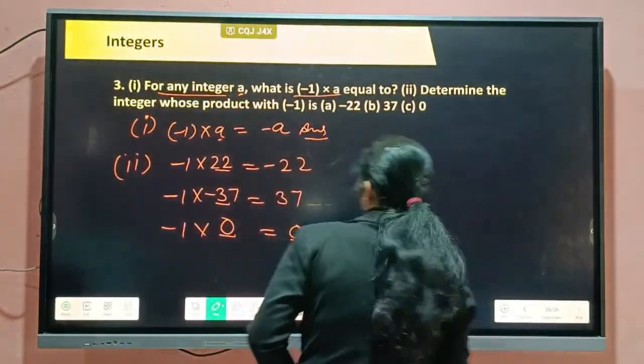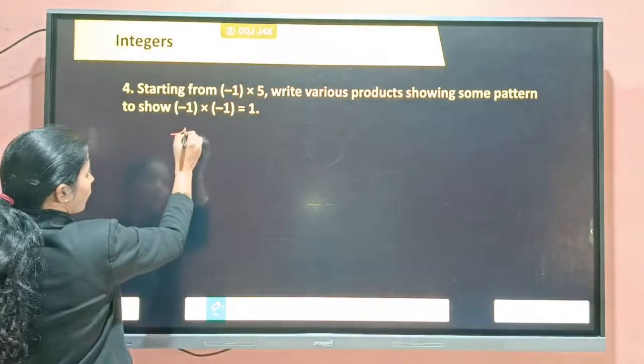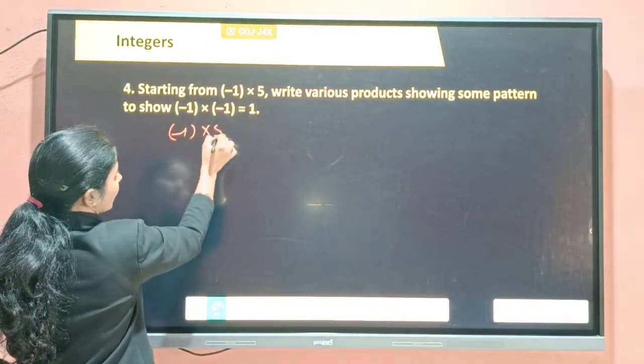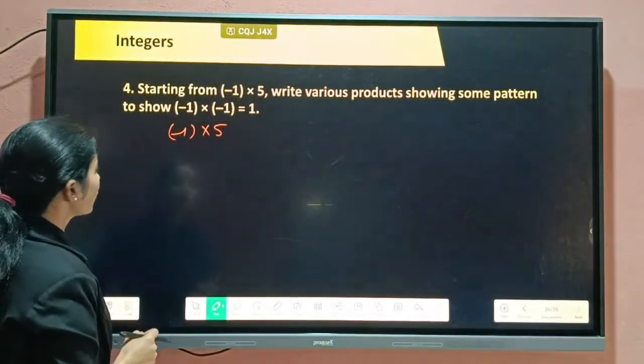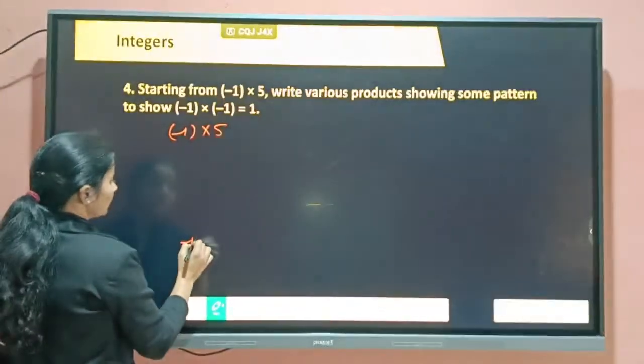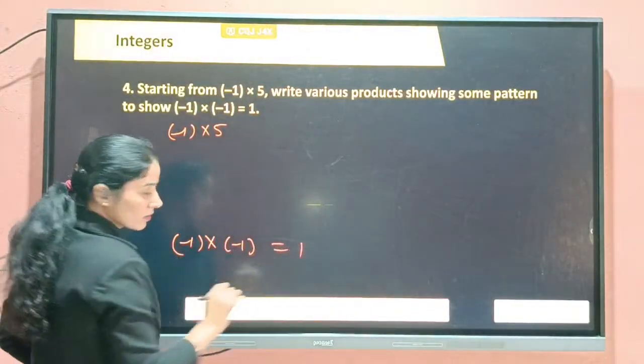Question number 4. Starting from minus 1 into 5, write various products showing some pattern, up to minus 1 multiplied with minus 1 which gives us 1.